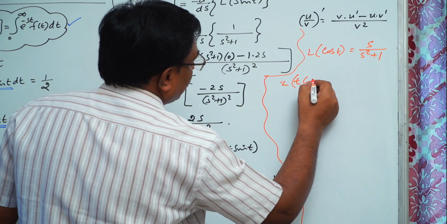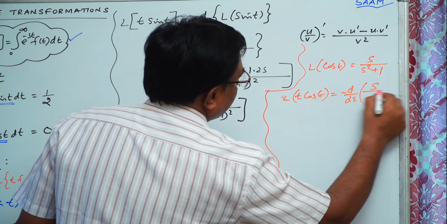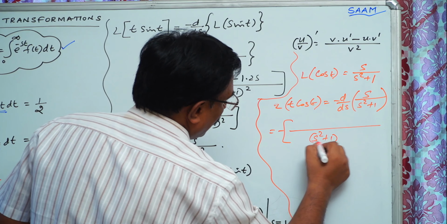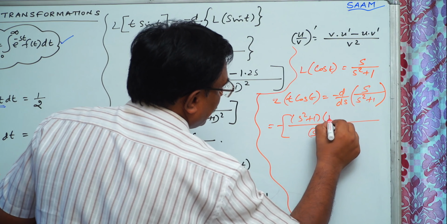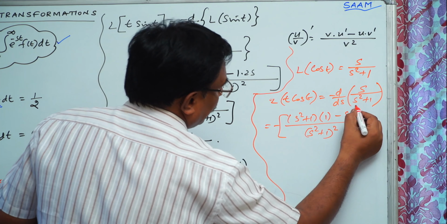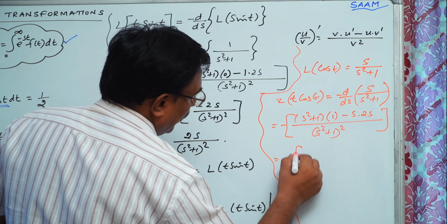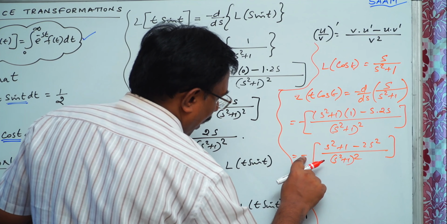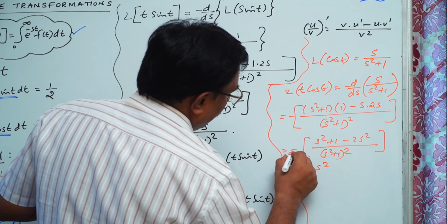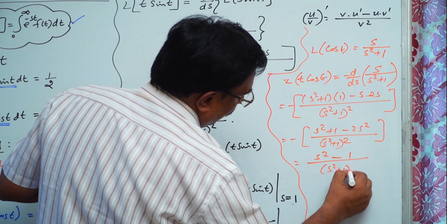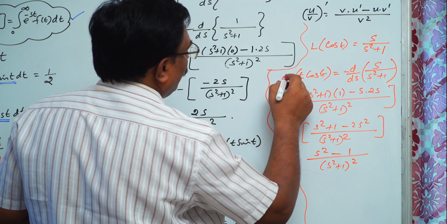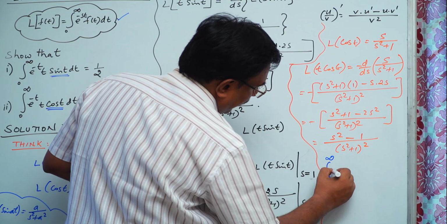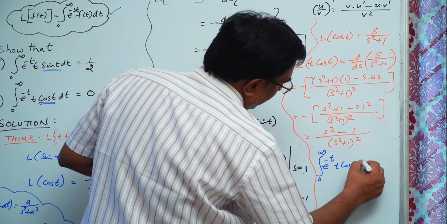Laplace of t cos t is equal to minus d by ds of s divided by s square plus 1, which is equal to minus, again using the quotient rule, v square is s square plus 1 whole square, v is s square plus 1, differentiation of s is 1, minus s dot v dash, which is 2s, for 1 it is 0. That equals minus of 1 into s square plus 1 minus 2s square, divided by s square plus 1 whole square, which is equal to minus of minus s square plus 1 in the numerator, that is s square minus 1, over the denominator s square plus 1 whole square. This is actually Laplace of t cos t.